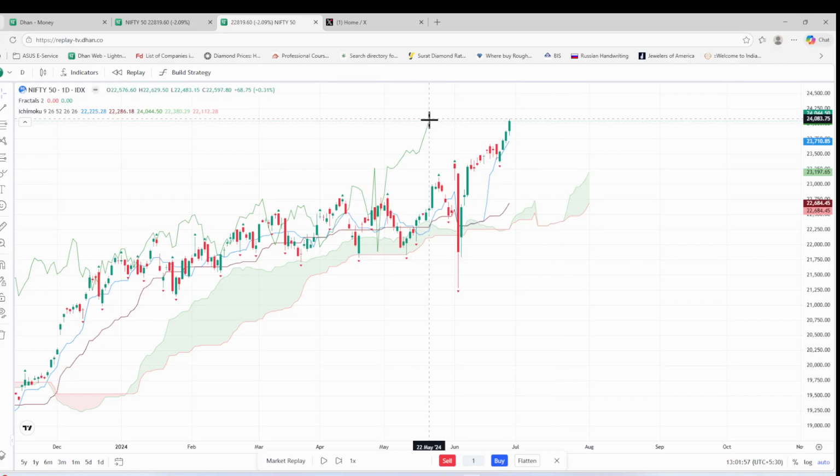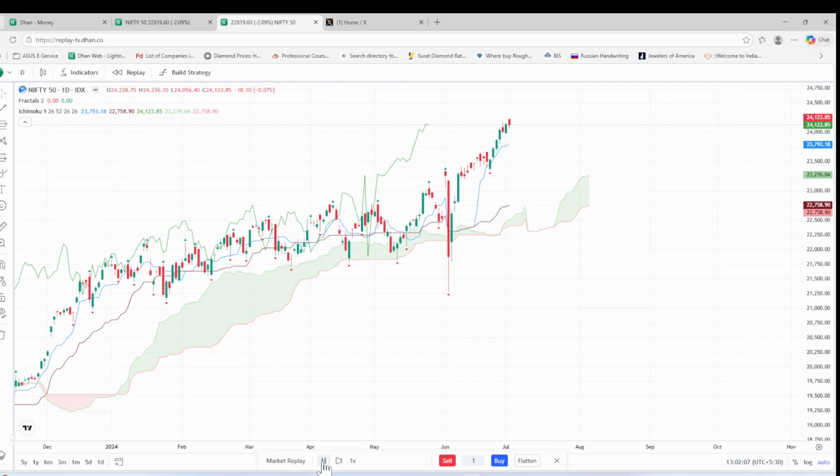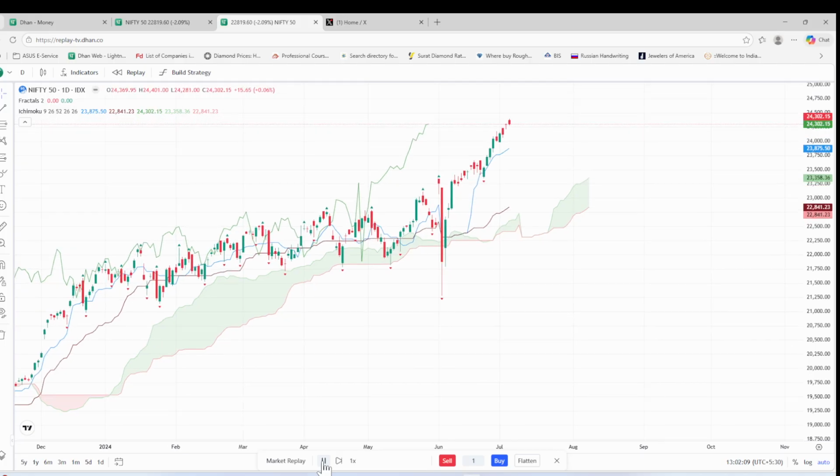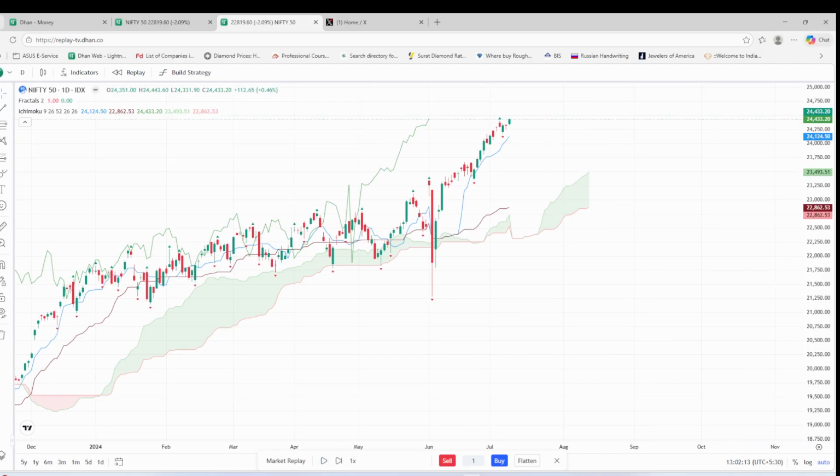Now when we are looking at this, it has bounced from here and it is going in an upward direction. So let's see. Then again it bounced, again it bounced, again it made a high. Now it is pausing.